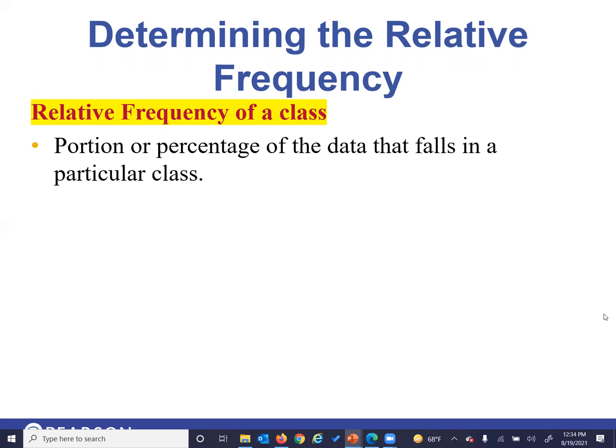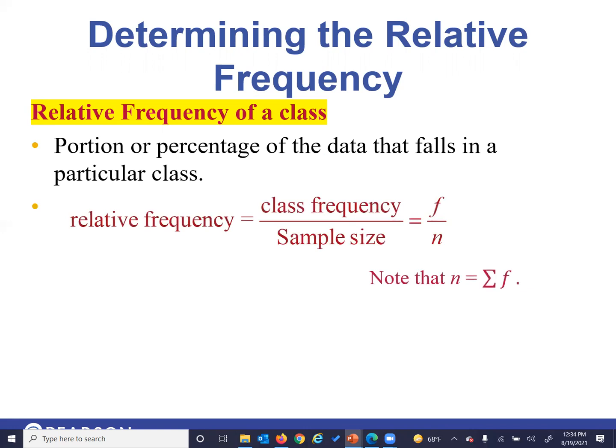And I got a formula for you. Ready? The relative frequency equals the class frequency, like how many times did that class occur, over the sample size. And notice all these things. Now we get into mathematics here. It says sample size is n, but on the bottom it says n. Don't forget n is the addition of all the frequencies together.